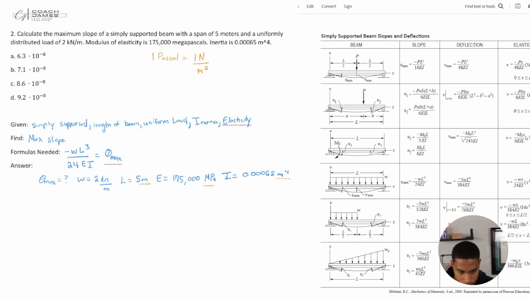All right. Let's go ahead and dive in. So for this one, we're going to say 2 kilonewton per meter, and this is negative. And what I'm going to do is just say negative 2 times 10 to the third newtons per meter.